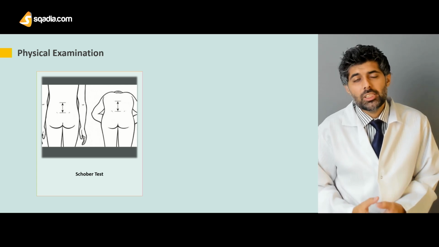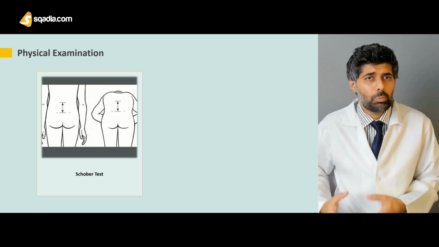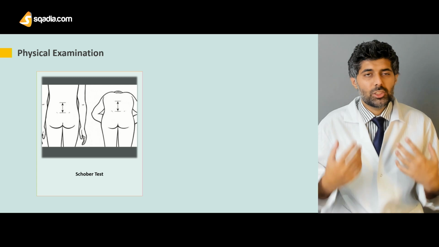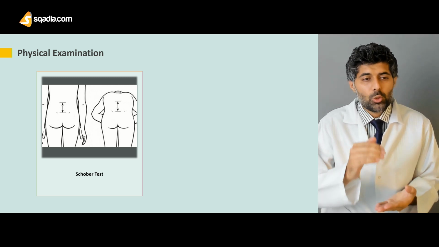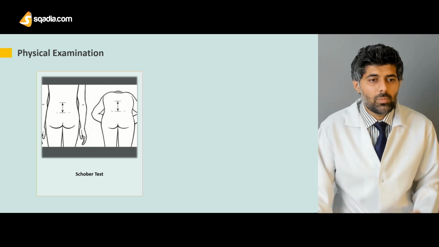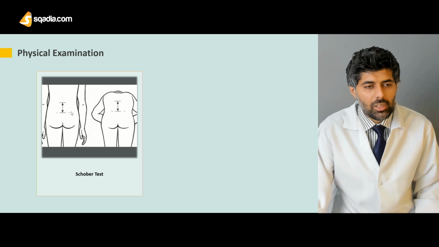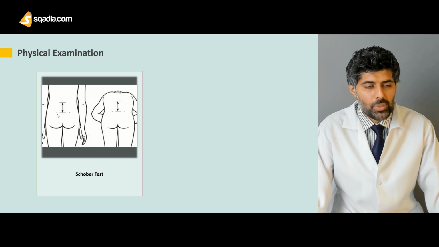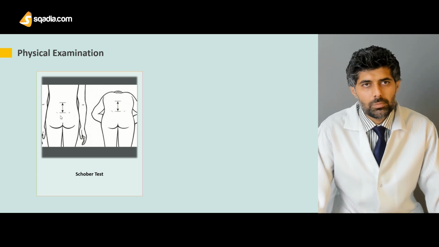In Schober's test, a patient complaining of dull pain with lower back stiffness is asked to stand straight up with the heels joined together and 2 points are marked. Now, these 2 points which are marked are the area where the iliac crests of the patient are joined together and 10 centimeters above that point.